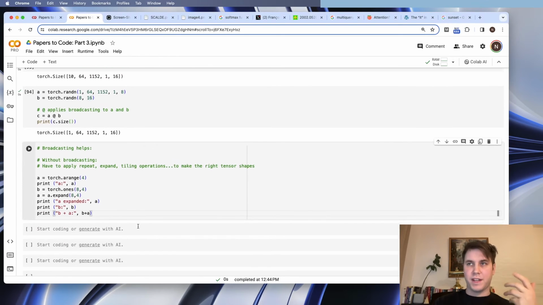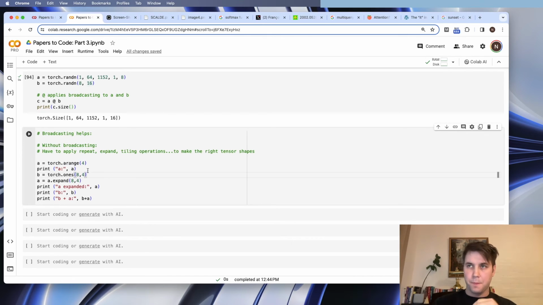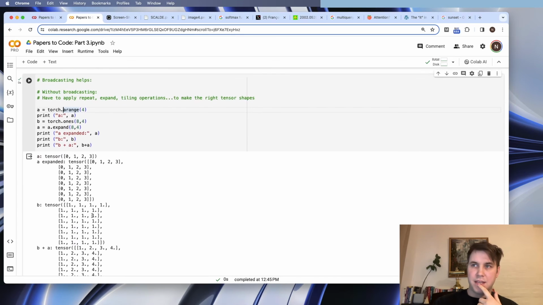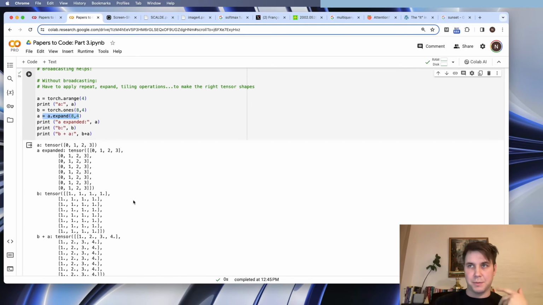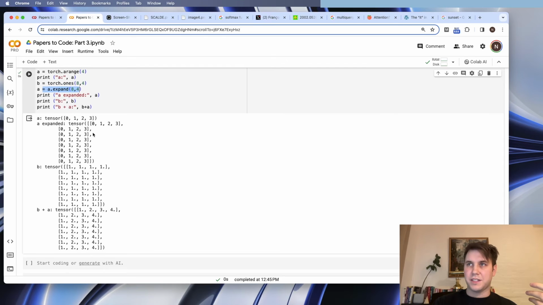As an example, let's say we want to add two tensors together. Here's an example of where broadcasting helps. So without broadcasting, I'm going to do it the without broadcasting way, we want to add A and B. A is just 0, 1, 2, 3. And B is this big tensor of 1s. If we wanted to add these and we couldn't broadcast, we would first have to expand A out so that it matches the dimensionality of B. So what we've done is A expanded turns into this.